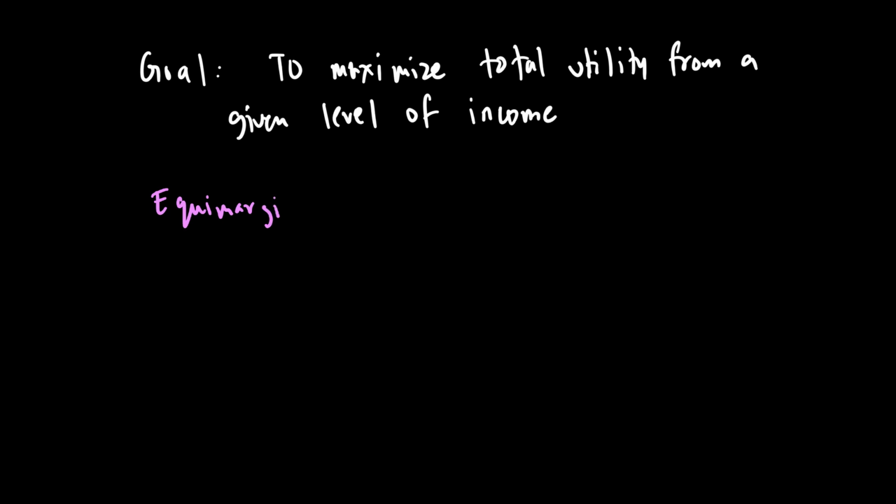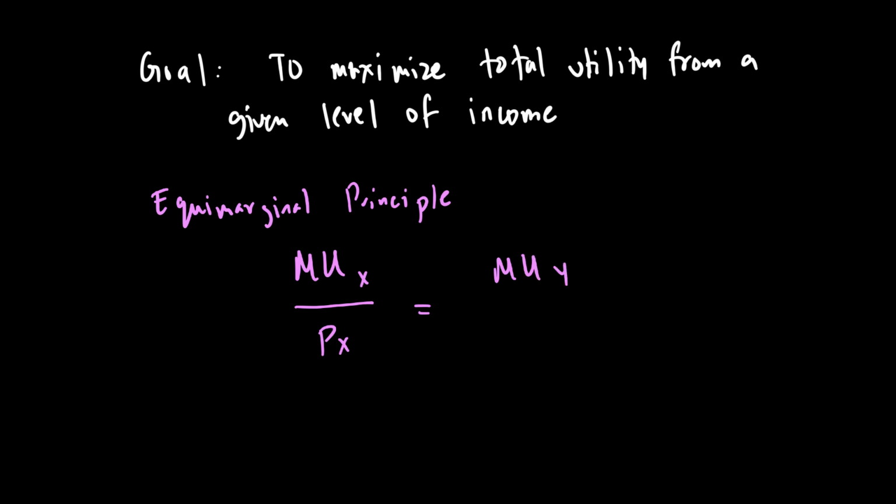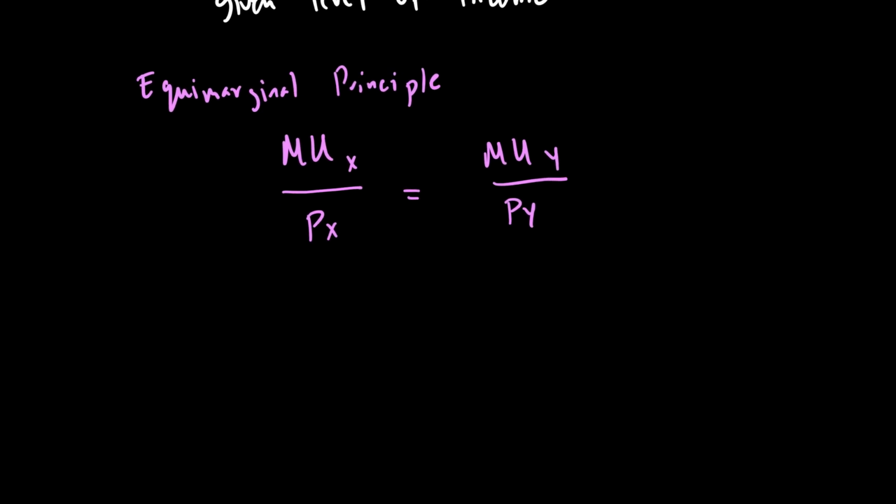This principle simply says that the MU of good X over the price of good X must equal the MU of good Y over the price of good Y. If this holds true, we make sure that each and every dollar we spend is spent in a manner that maximizes our total utility.